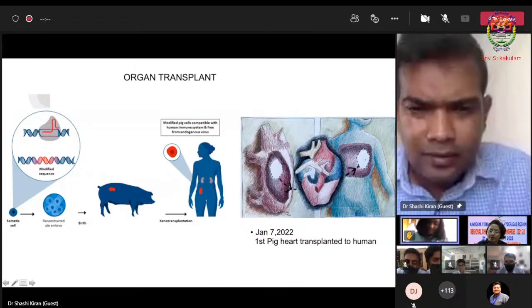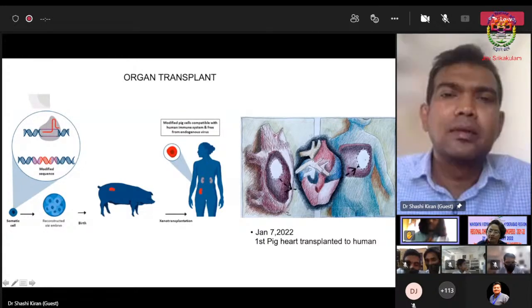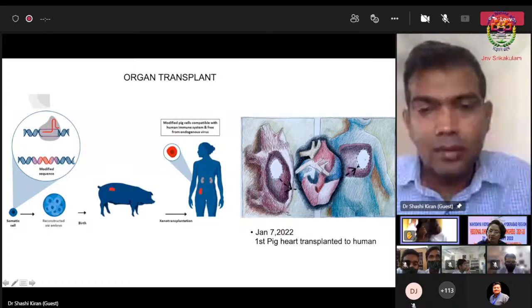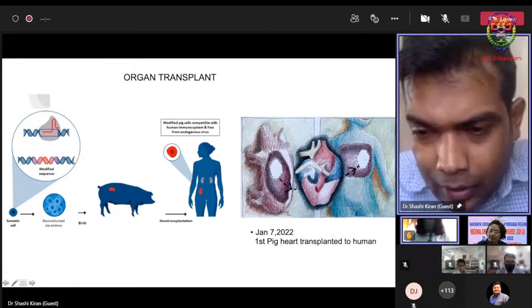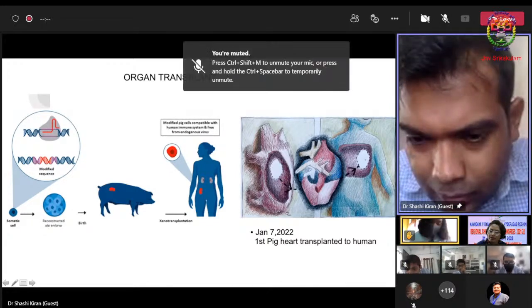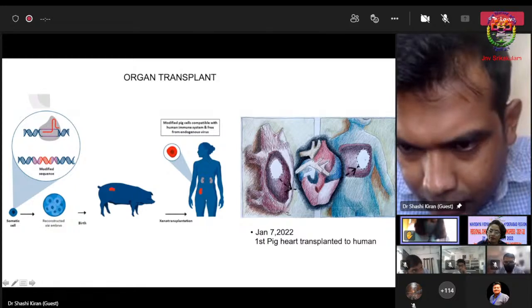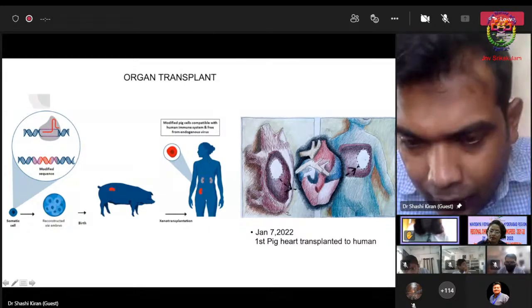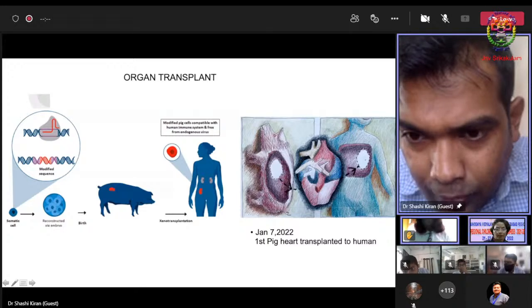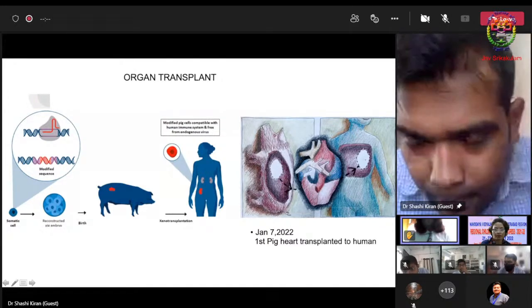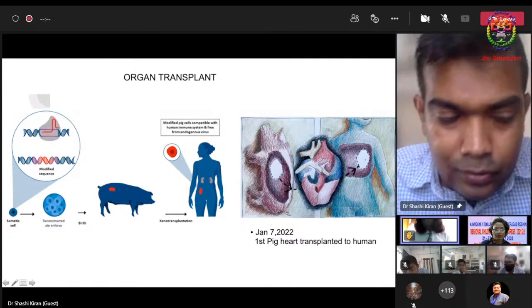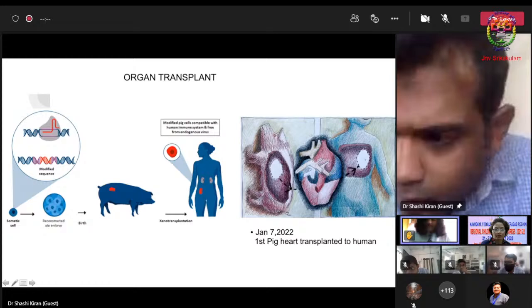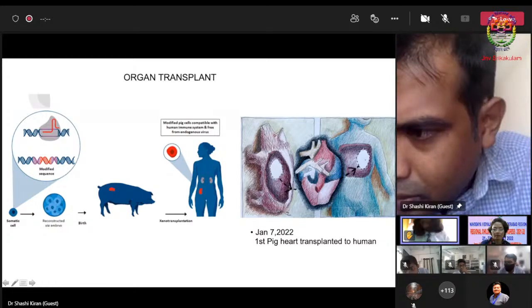Can we have a library of vital organs formed from our stem cells? Pardon, can you repeat? Can we have a library of organs from stem cells?